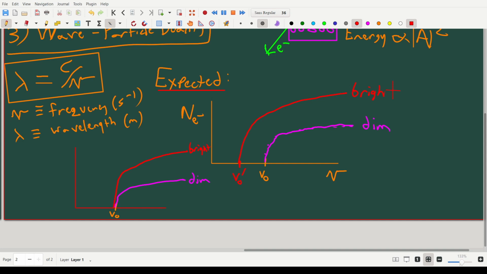So the frequency ultimately determines how much energy you need to kick an electron off, and the brightness only determines how many electrons you get. So what does that mean? That means that the energy of the electron is proportional to the frequency, and the number of electrons is proportional to A squared.